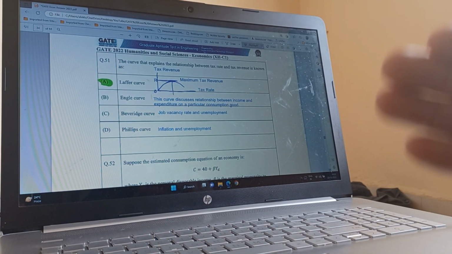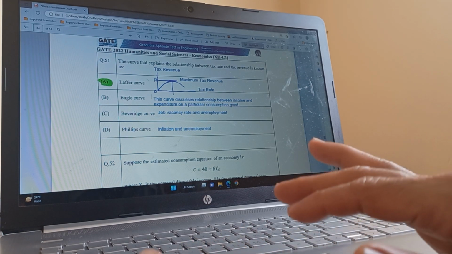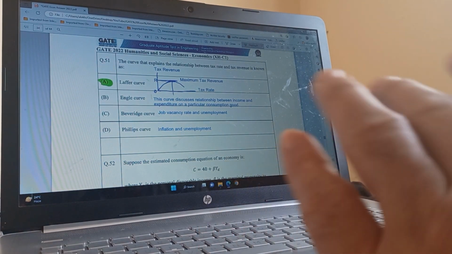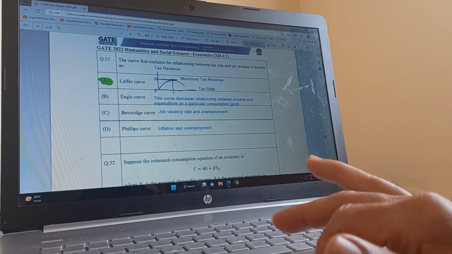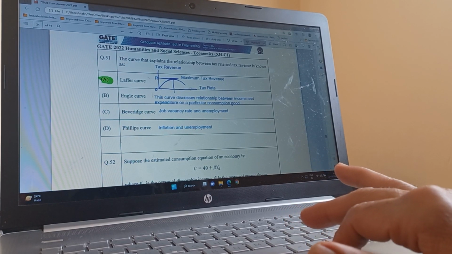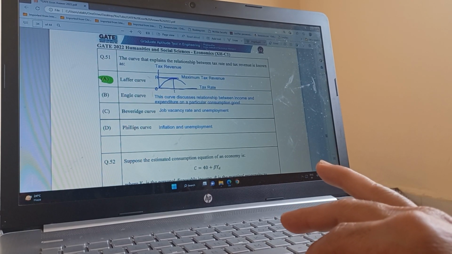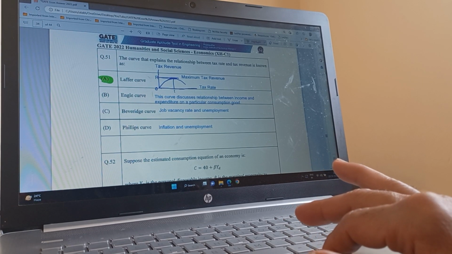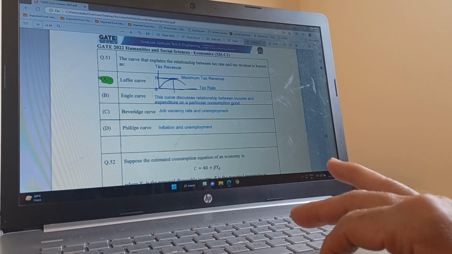Meaning our Finance Minister's equivalent is the Treasury Secretary in the USA. So he took a handkerchief and made this kind of graph, this kind of picture, and said that this is the curve of tax rate and revenue collection. So tax revenue collection is on the y-axis and tax rates are on the x-axis.